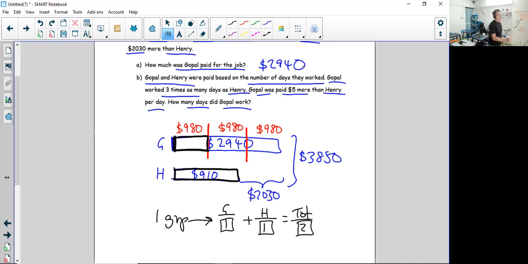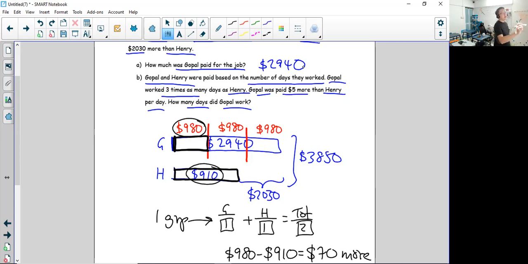So I take 980, which is Gopal's money, and then I minus one group, which is Henry's money. So you take 980 and you minus $910, and you will get $70. $70 more, which is an unknown number of days. So how many days are there in this $70 more?